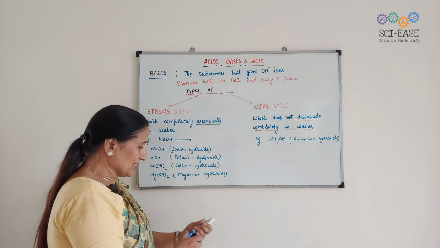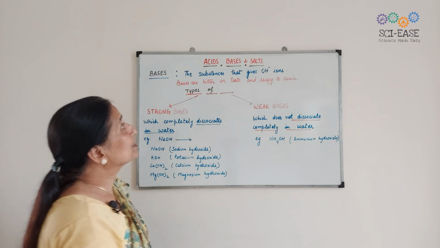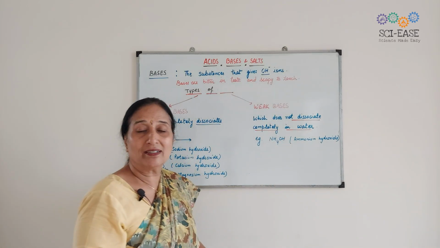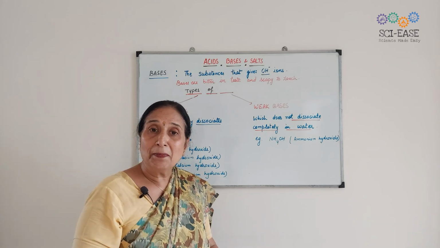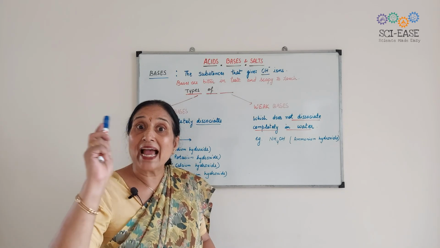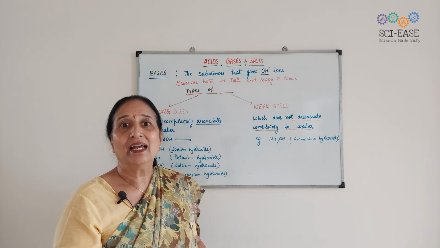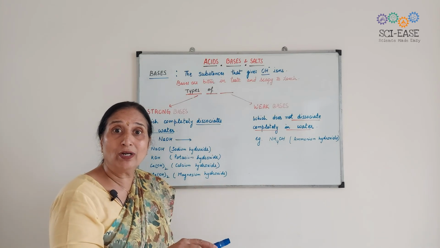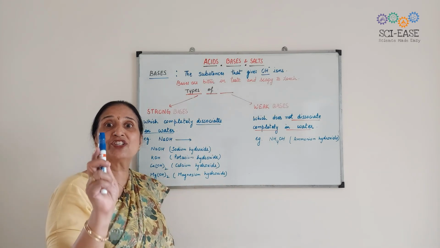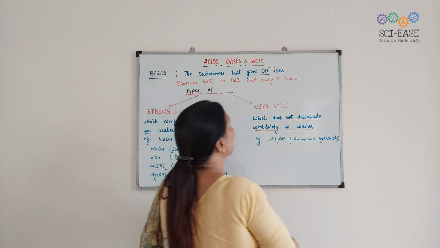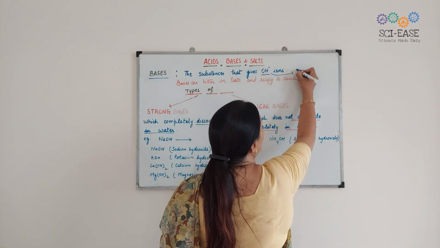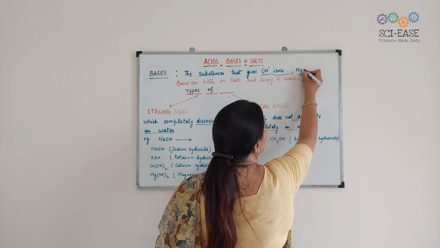The substances that give OH negative ions when dissolved in water. In acids, what was it? Which gives H positive ions. Here, when bases are dissolved in water, they give OH negative ions. What are OH negative ions called? They are hydroxyl ions.